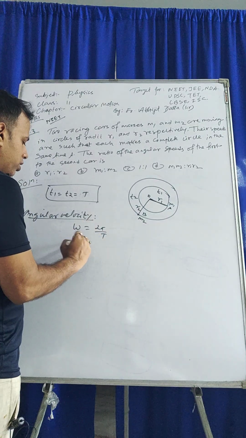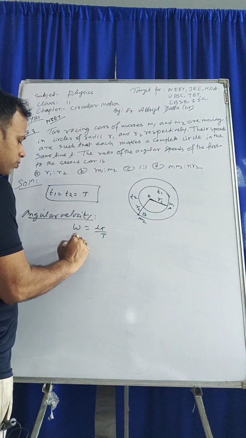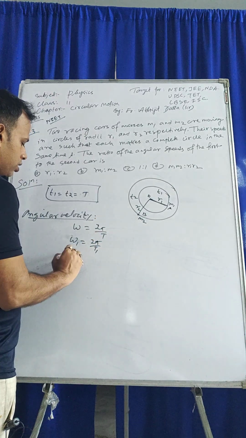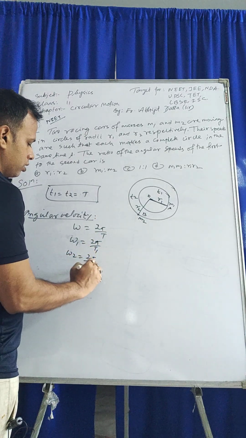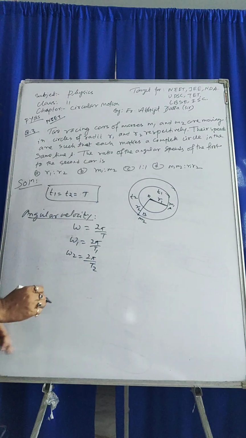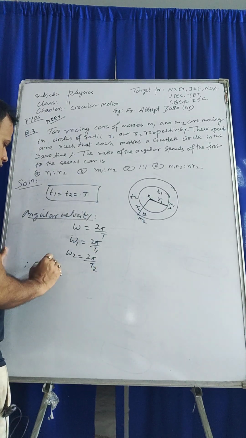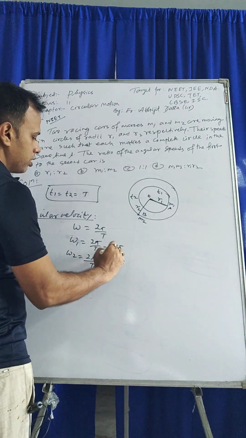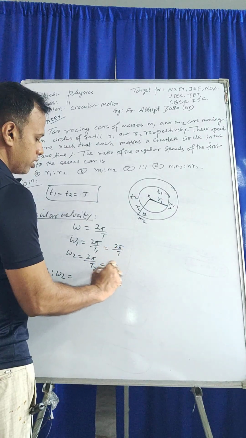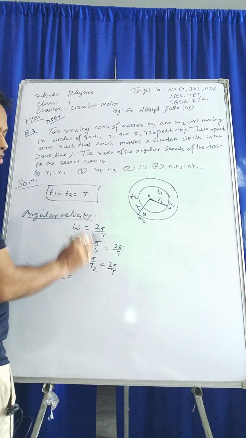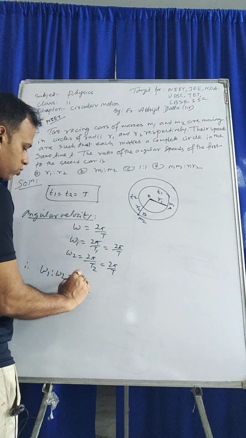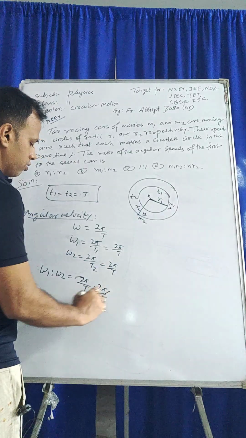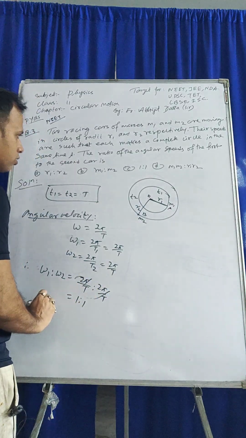So omega 1 equal to 2 pi by t1 and omega 2 equal to 2 pi by t2. Now omega 1 to omega 2 is 2 pi by t and 2 pi by t, because t1 equal to t2. So this will be cancelled, and 1 is to 1 will be the answer. So option C is the correct answer.